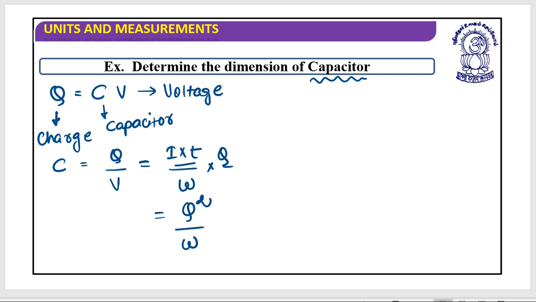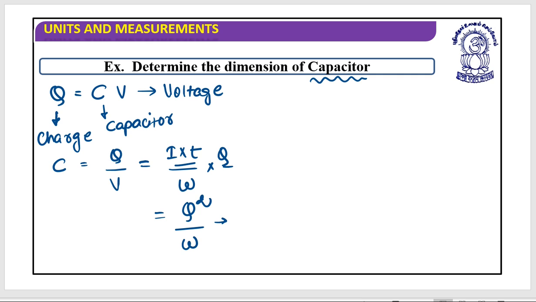Now you can write it down on your own. For Q, you will write ampere into second. For work done, you will write force into displacement. For force, you write mass into acceleration. For displacement, it is meter. For mass, you write kg.